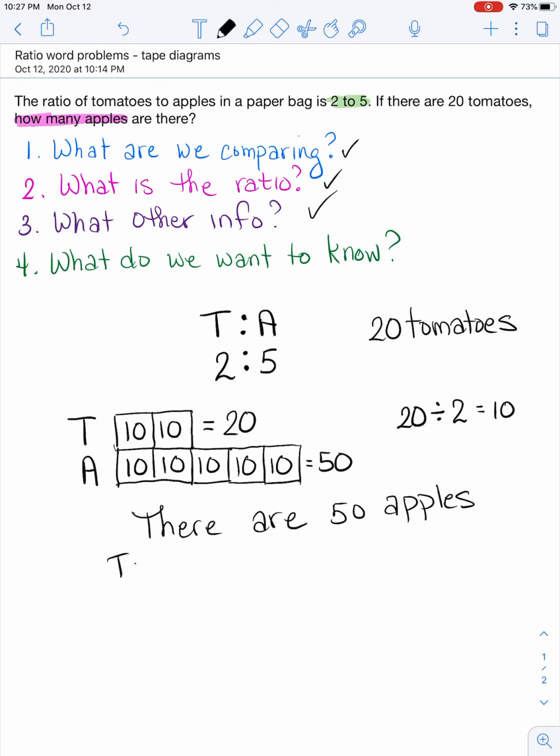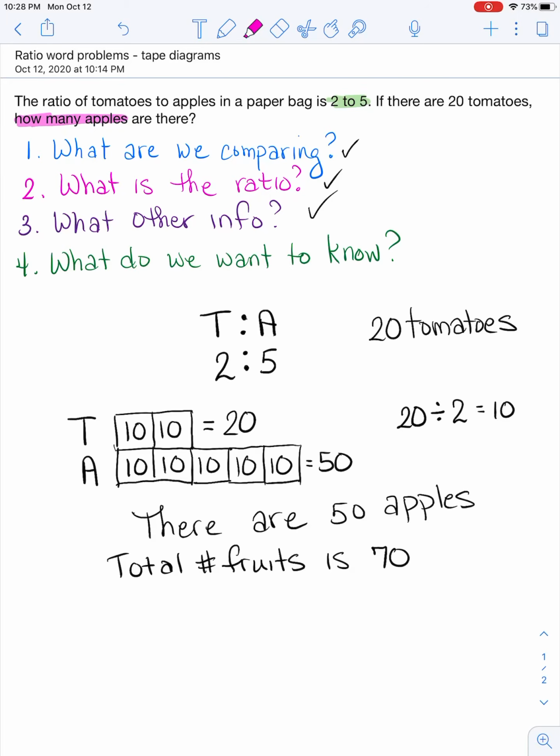So if I asked you for the total number of fruits, I would have to count all the boxes, right? The 20 for the tomatoes, the 50 for the apples, and that would be 70.